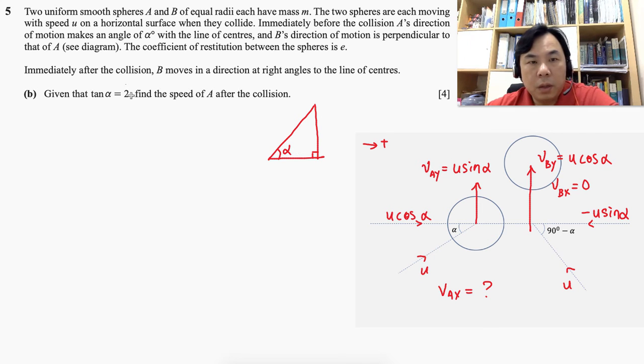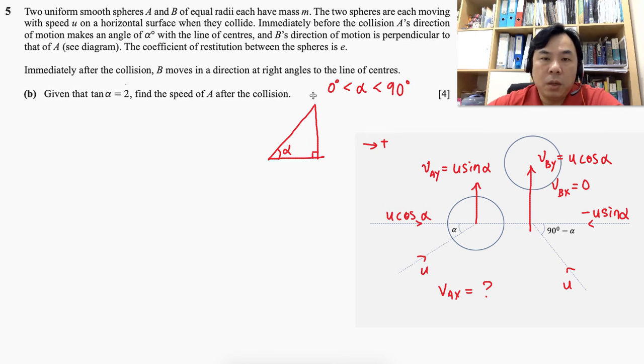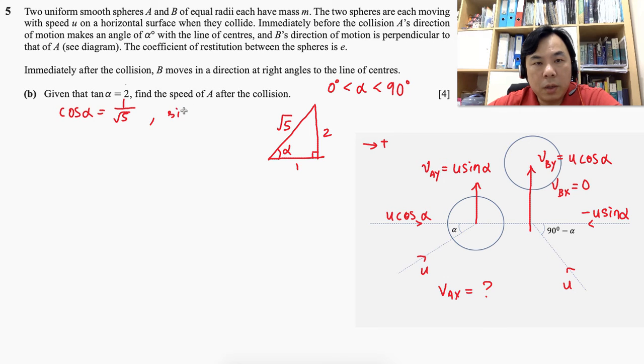Since alpha is an acute angle, greater than 0 degrees and less than 90 degrees, we can assume that the sides are 2, 1, and the hypotenuse is root 5. Knowing this, we can figure out that cosine alpha is equal to 1 over root 5, whereas sine alpha is equal to 2 over root 5, from this right-angled triangle.